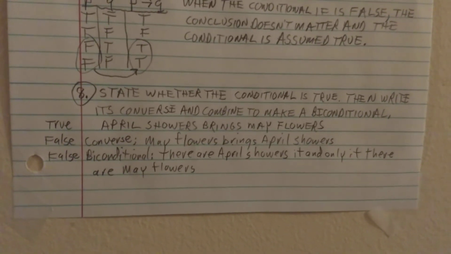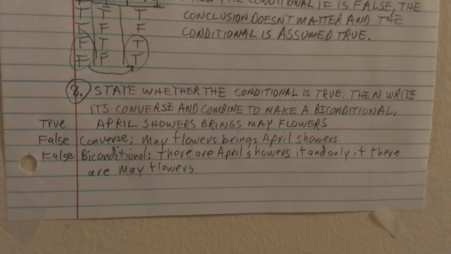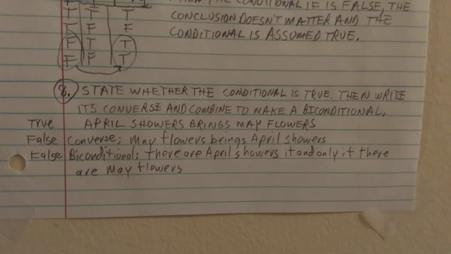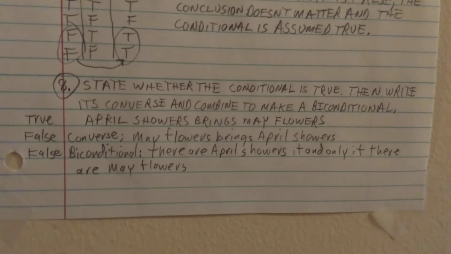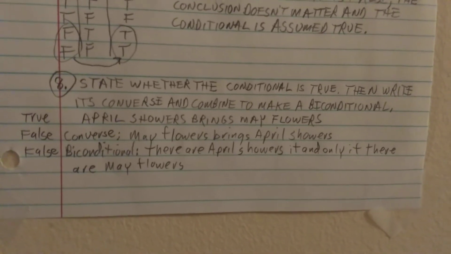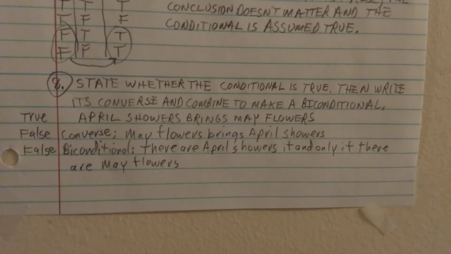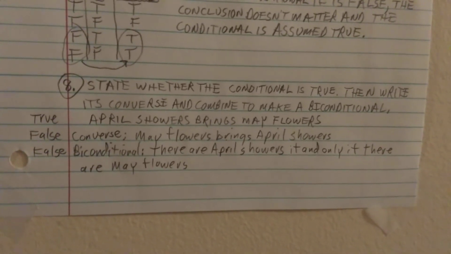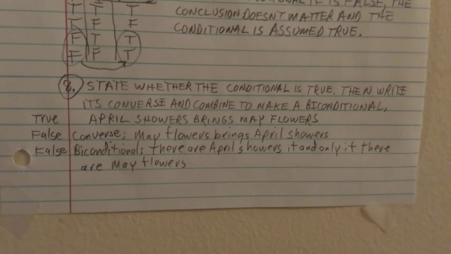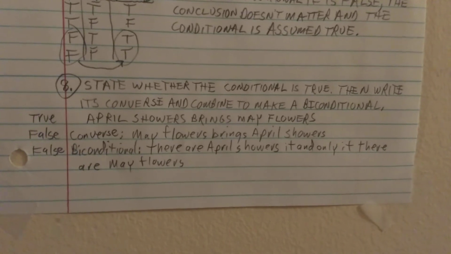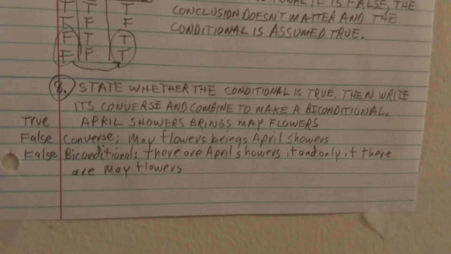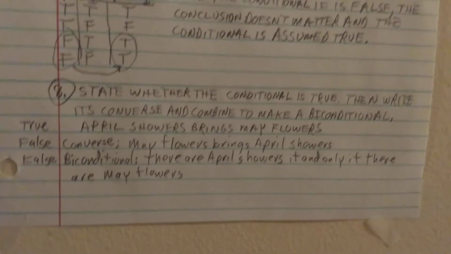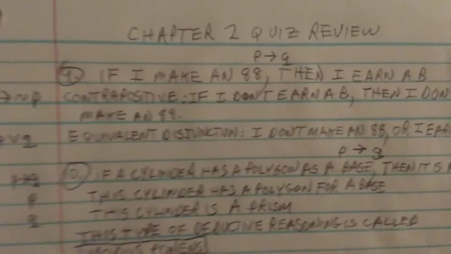The converse just means to read it backwards: May flowers bring April showers, which is false because that's going back in time. And the biconditional is there are April showers if and only if there are May flowers, which is also false because the converse, the backwards, is false. And so if either part of it is false, the whole biconditional is false.